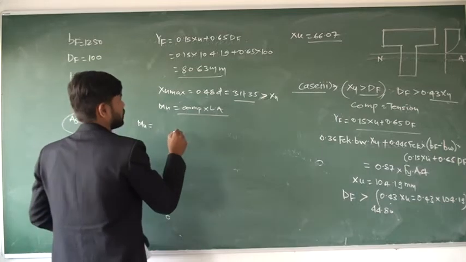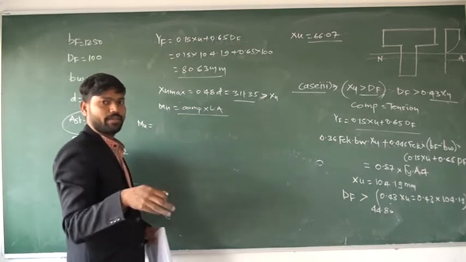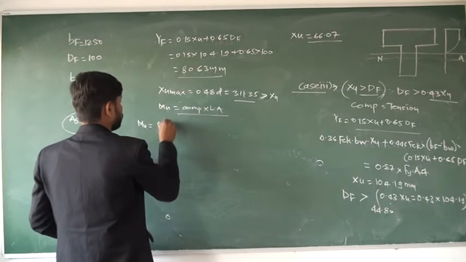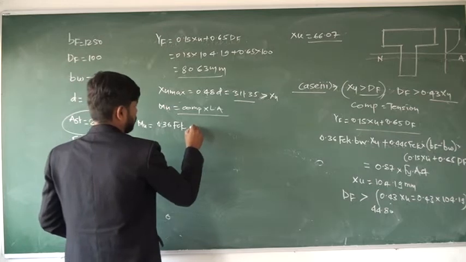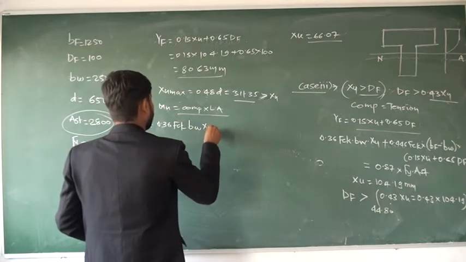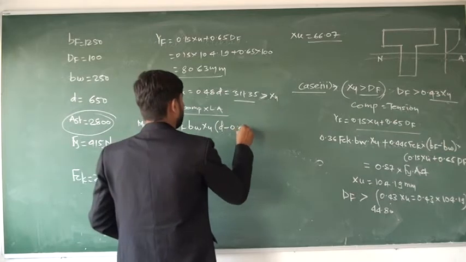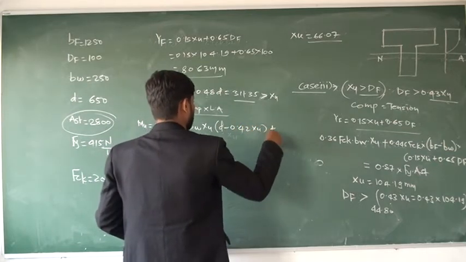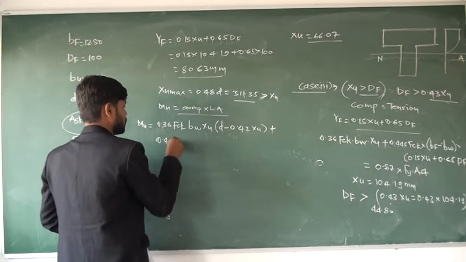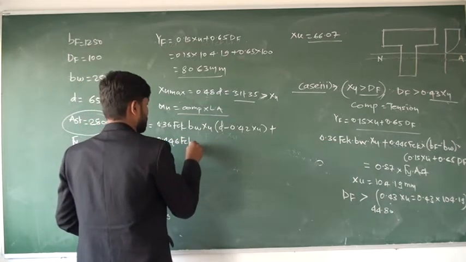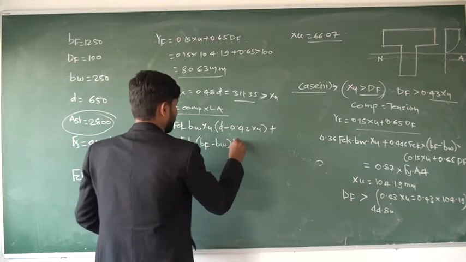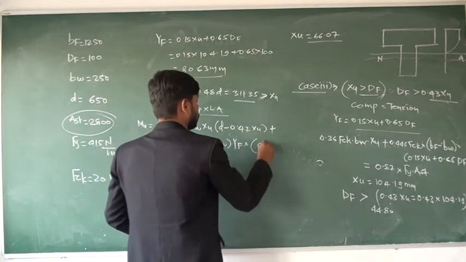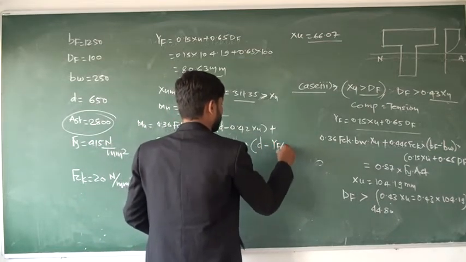So first, moment due to web, and then we will take moment due to flange. So moment due to web is 0.36 fck bw xu into (d minus 0.42 xu). Okay. Then 0.446 fck (bf minus bw) yf into (d minus yf divided by 2).